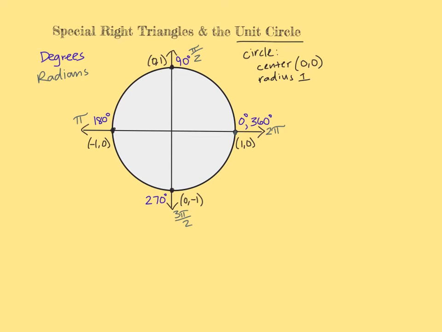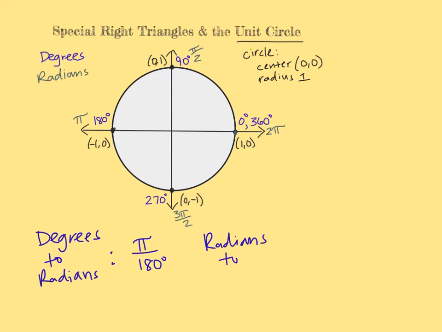So if we want to go from degrees to radians, we want to multiply by pi over 180. If we want to go from radians to degrees, we multiply by 180 over pi.